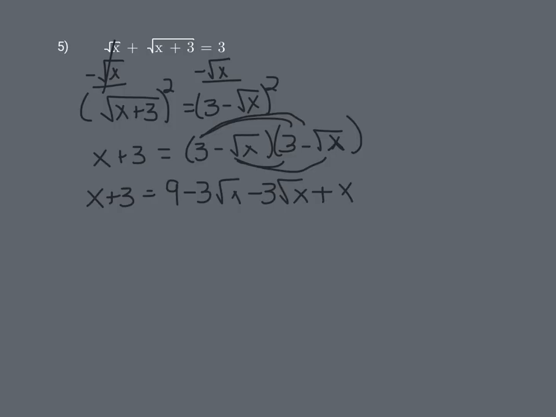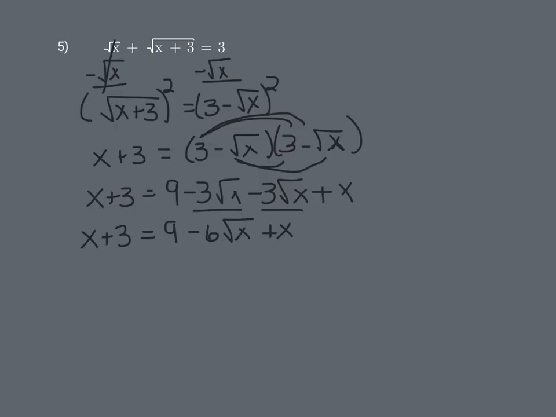All right, let me just combine my like terms here, that way we can get all the radicals into one. So when I do, I'm left with 9 minus 6 radical x plus x. Okay, so now we're going back to step number 1 again, which is to isolate the radical.